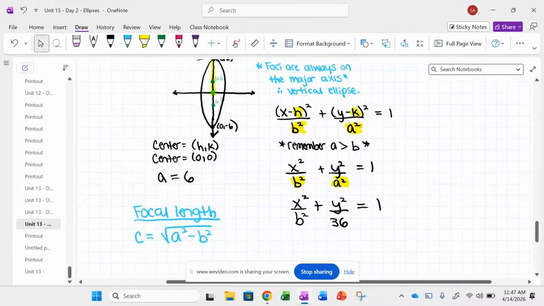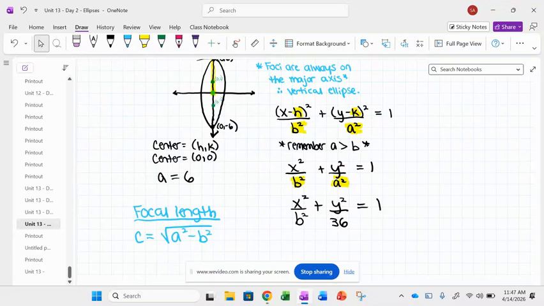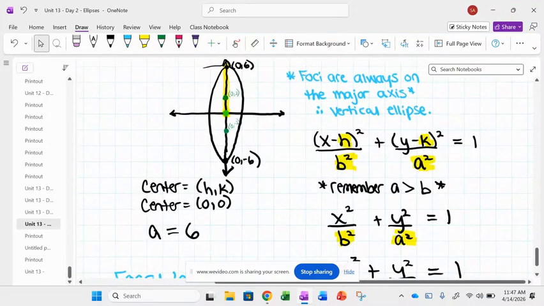And who remembers what is the actual focal length from what to what? Tyler. You got it. The focal length is the distance from the focus to the center.